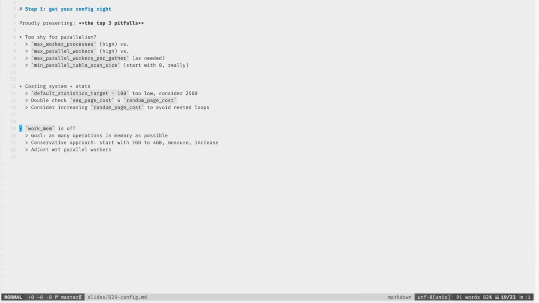The typical start we recommend is 1 gigabyte to 4 gigabytes. So this would be a conservative approach. Take the lower end, pick a gigabyte, run your query with explain analyze, and see whether it's going to disk or not. Because if it's not going to disk, the setting might be fine. If it's going to disk, increase the work_mem a bit more. But don't overly increase it.